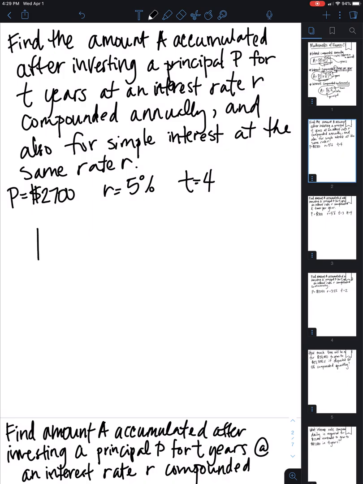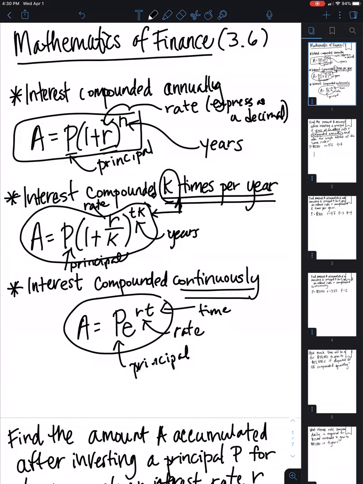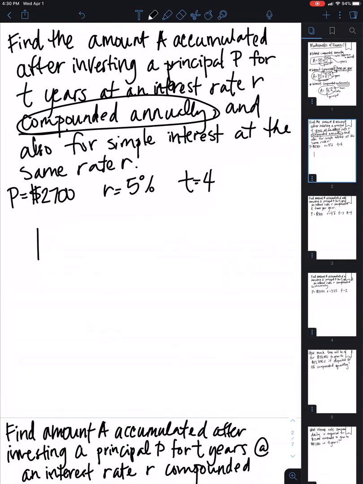So here we're looking at compounded annually, so we'll go back to the compounded annually equation and write that down. A equals P times (1 plus R) to the N, or the T, whatever the years are. I got this other book, and it seems like they change their mind sometimes.